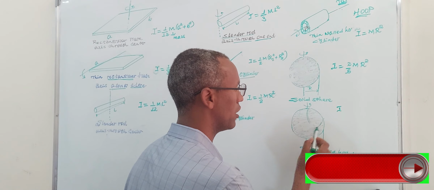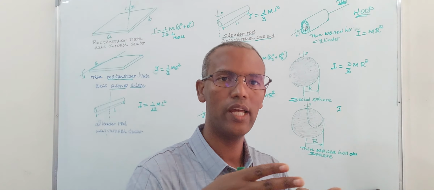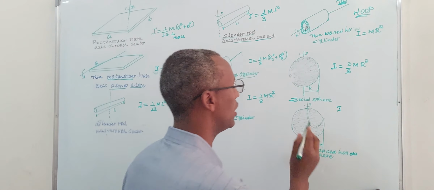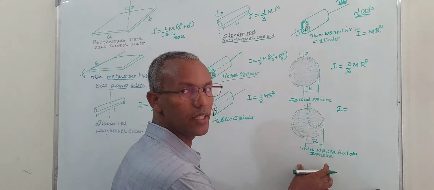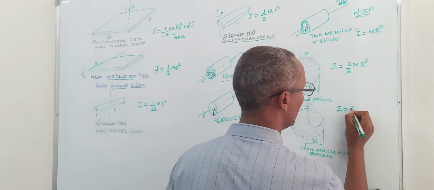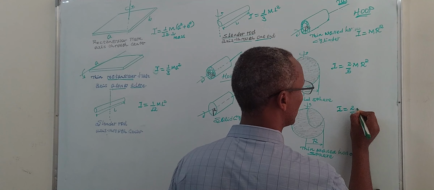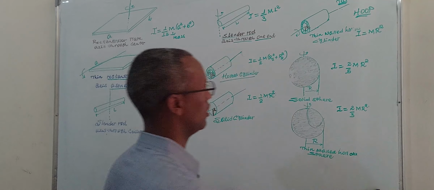Maybe you can check in the book. To find the moment of inertia of this hollow sphere, you can use this equation, which is 2 upon 3 multiplied by the mass and r square.